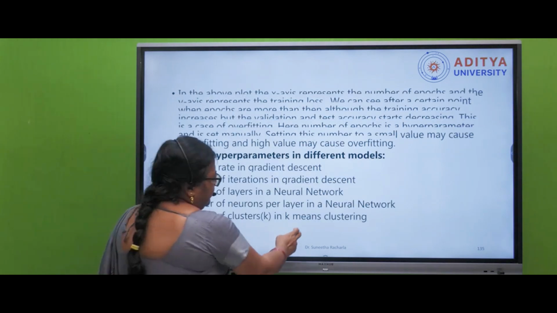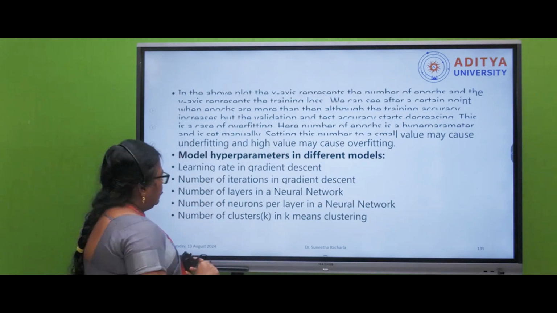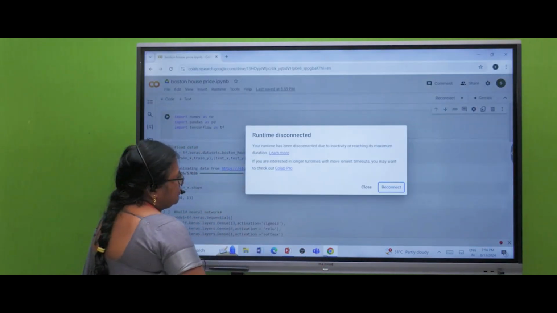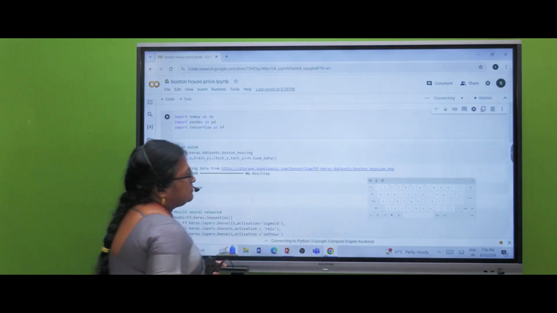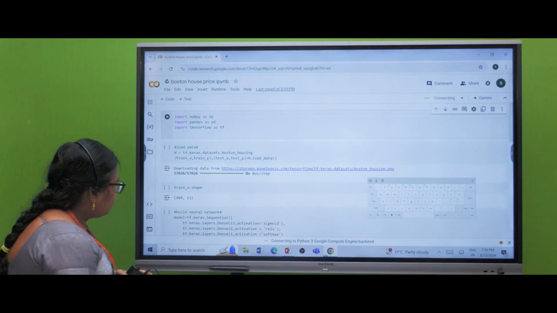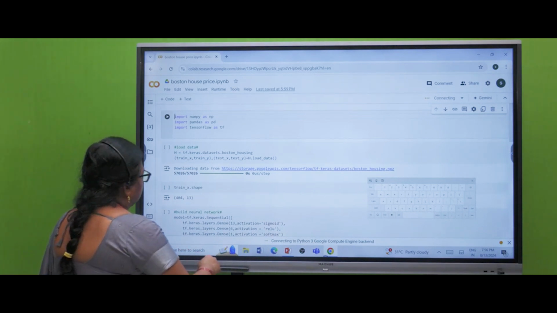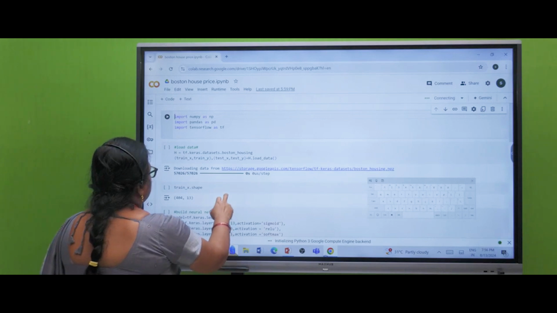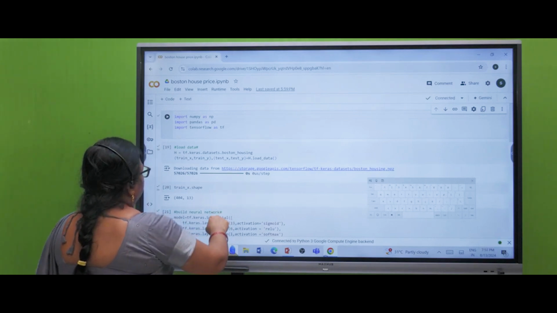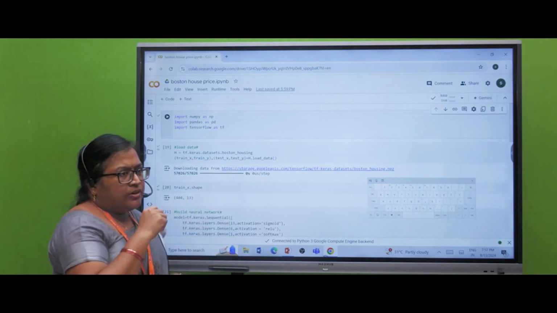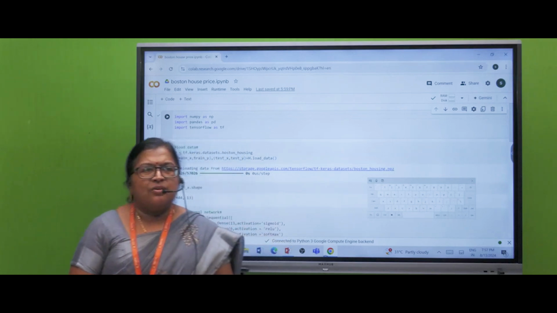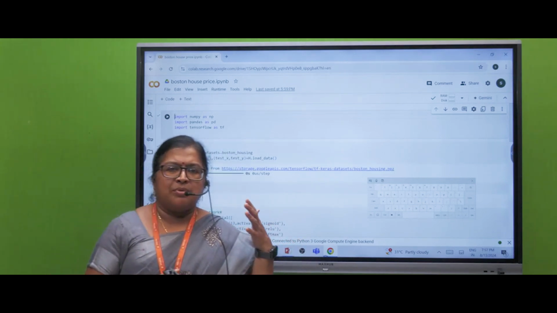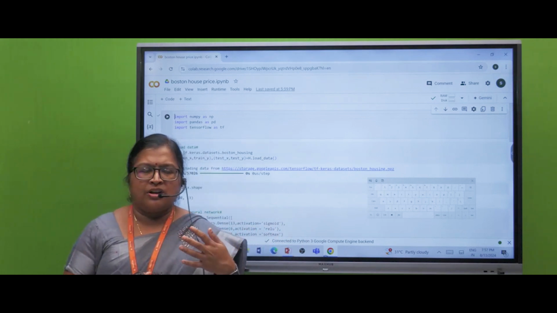Now we'll see in Google Colab how to build a simple deep learning model. For machine learning up to now we have used normal libraries like NumPy, Pandas, and Matplotlib or Seaborn.